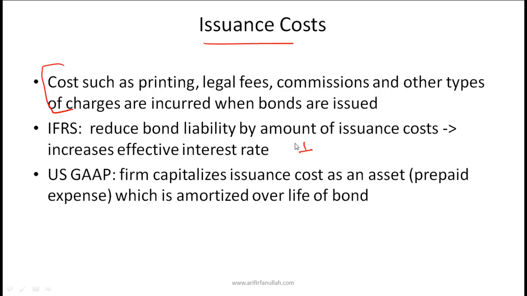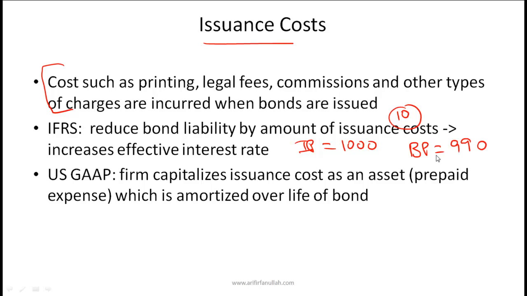A simple example: let's say that for a bond that has an issue price equal to par value, the issue price is 1000, but the issuance costs in this example are say $10. According to IFRS, the initial value of the bond payable is equal to 990.